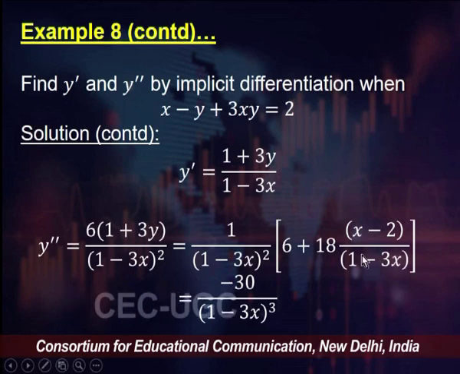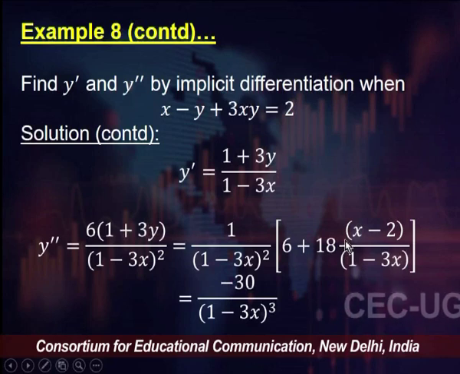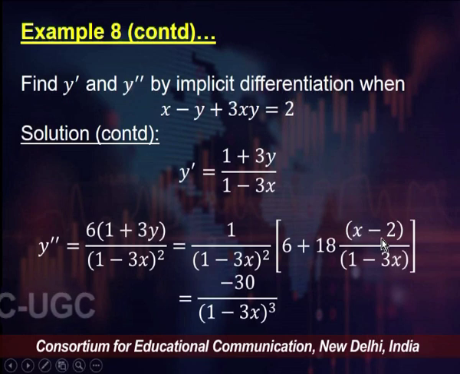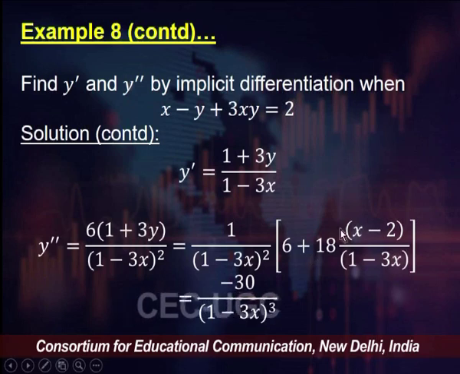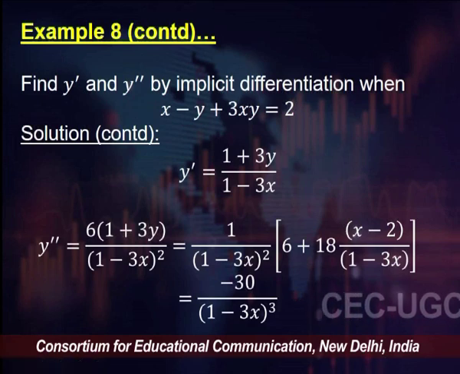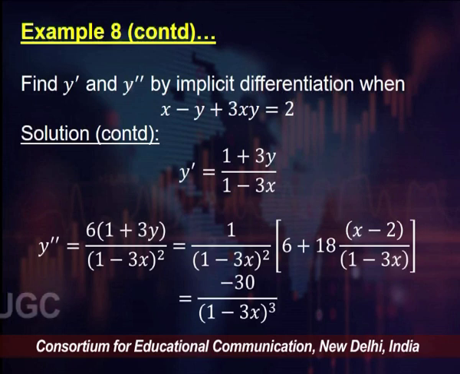When I cross multiply with 6, I get 6 minus 18x plus 18x, the 18x terms get cancelled, minus 36, so that's minus 30 in the numerator. Our answer is then y double prime equal to minus 30 divided by (1 minus 3x) the whole cubed.